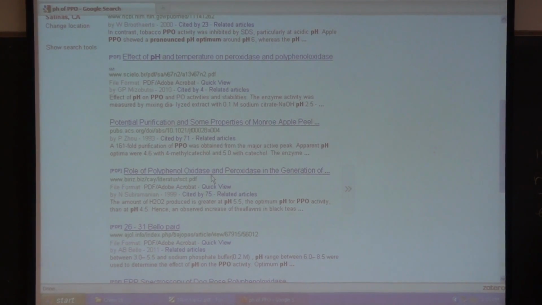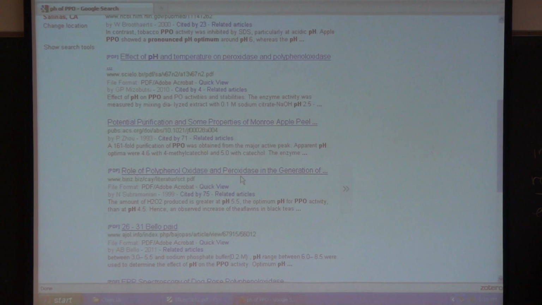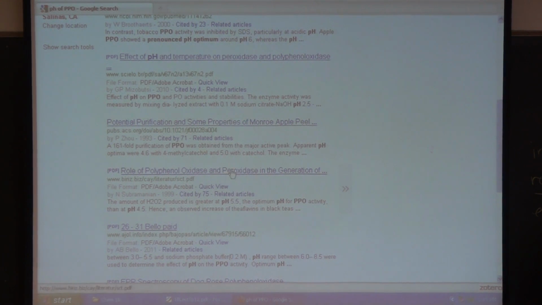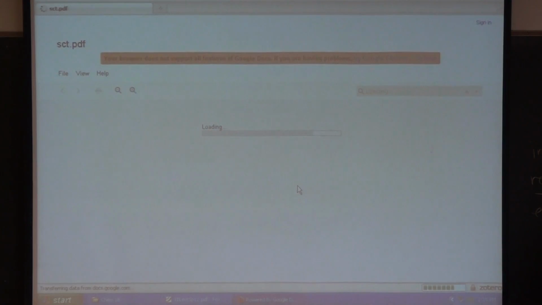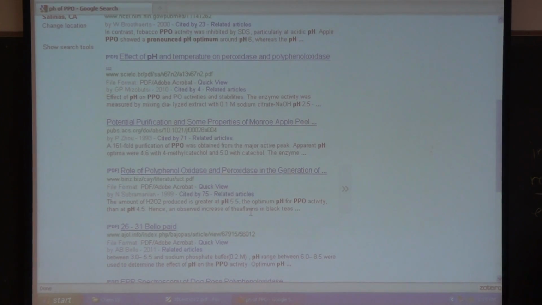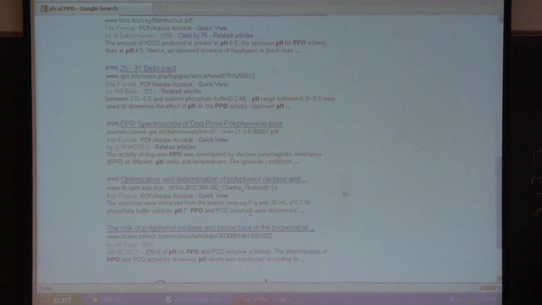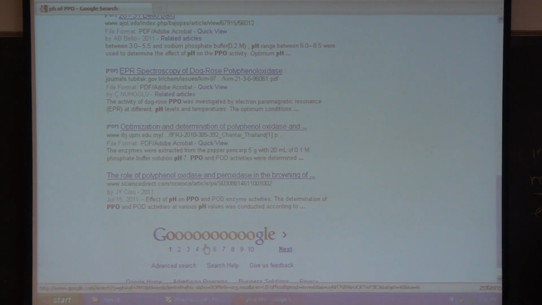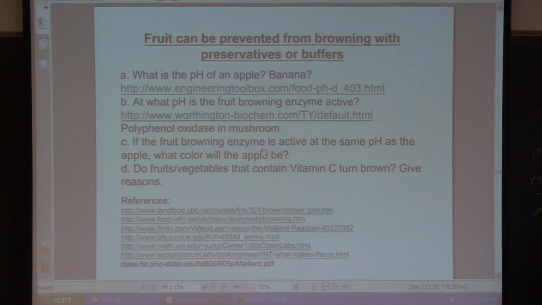Yeah, so here's the polyphenol oxidase. Oh, so let's see what's in here. I don't want to read this piece. I don't want to read that piece. Let's see if I can figure out how to. Here we go.